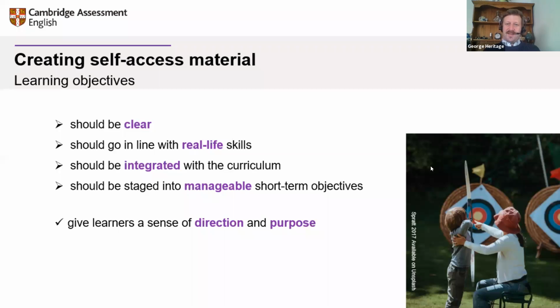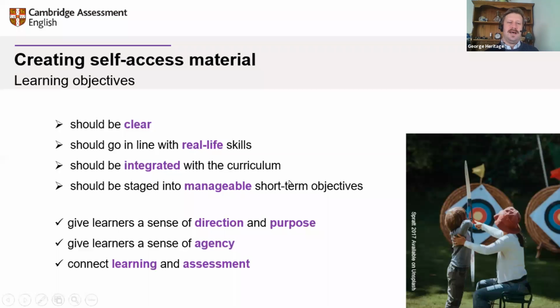Which feeds into giving them a sense of agency, so they have a better understanding of the different elements of learning, how it builds up to the bigger picture, and they can then take a more active role in their learning. And connecting this learning with assessment, Victoria. Yeah, it kind of closes the circle. So the assessment criteria and methods should be aligned with the learning objectives, so that everything makes sense in the learning process.